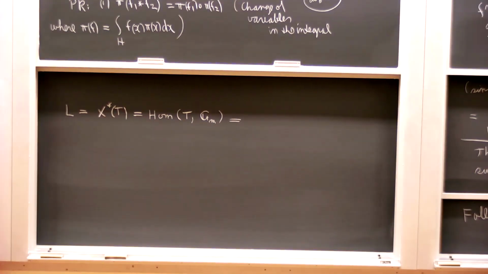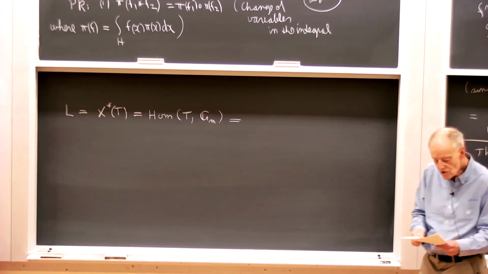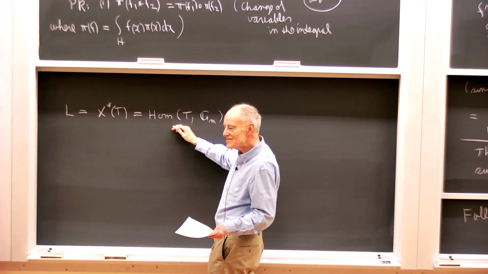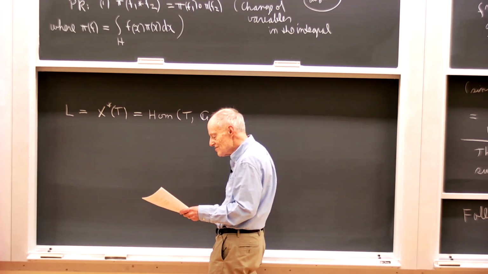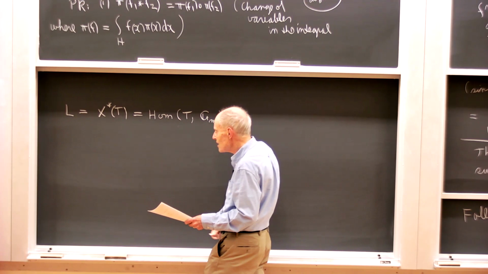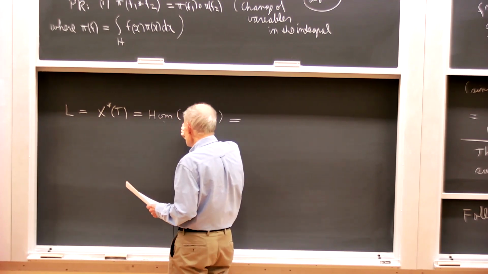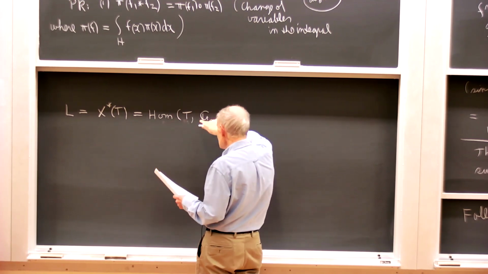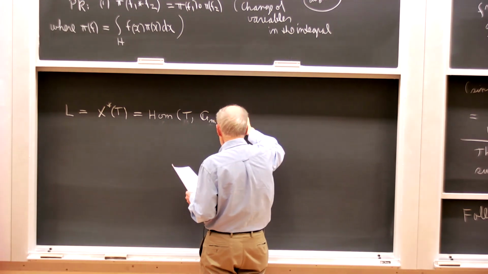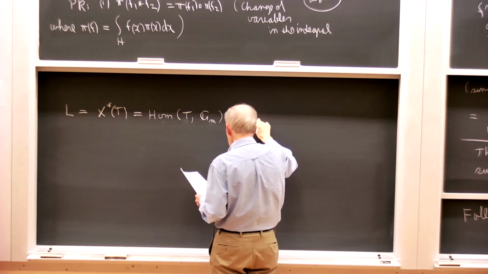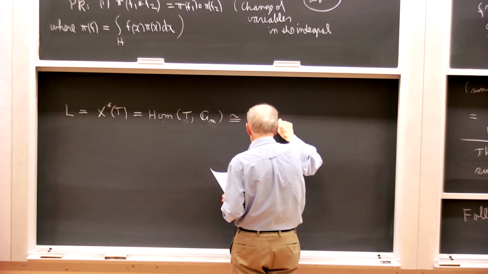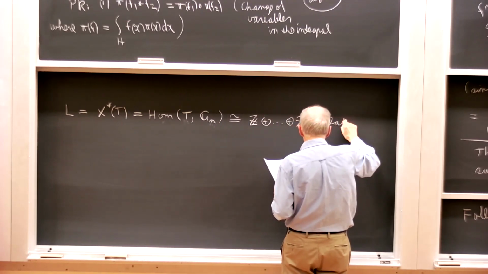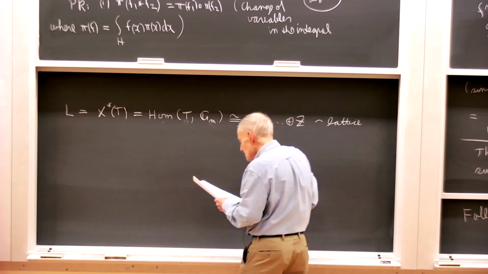All right. This is standard business for representations of people that do algebraic groups. One writes X upper star T for a torus as the group of homomorphisms of algebraic groups from this algebraic group to this algebraic group, GL1. And this is isomorphic to a lattice, Z plus Z several times. So that's a lattice.